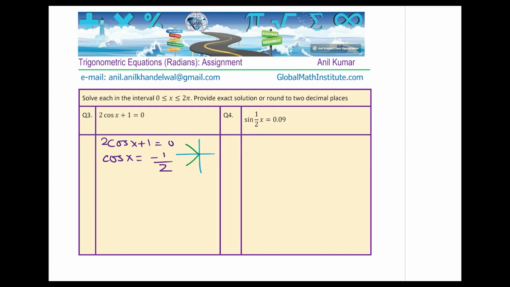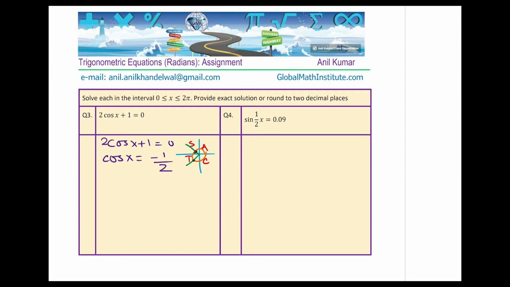Those are the values which are negative for cosine, since you know the CAST rule clearly. And then in one full circle, which is 0 to 2 pi, we expect how many solutions? We expect two solutions.